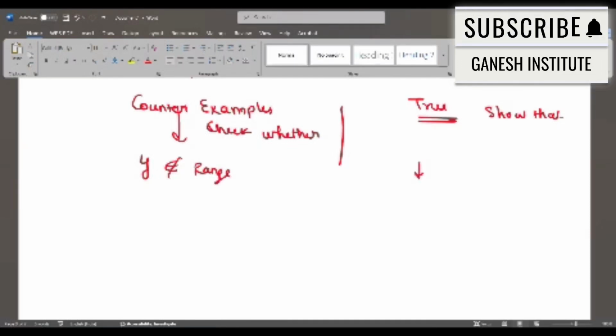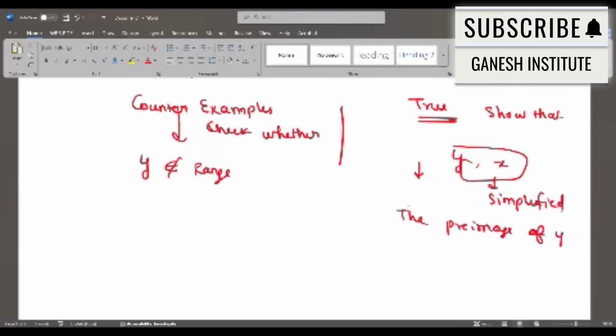And if it is true, then once you get the value of y and x in the most simplified form, you simply write that the preimage of y lies in the domain given, or you do the opposite.